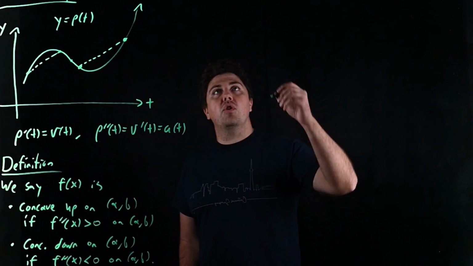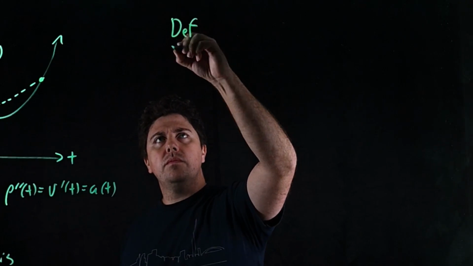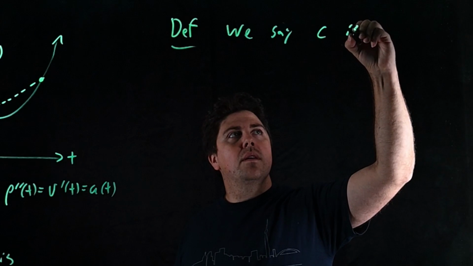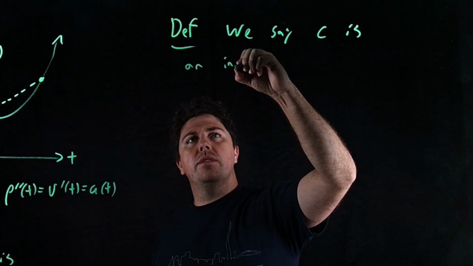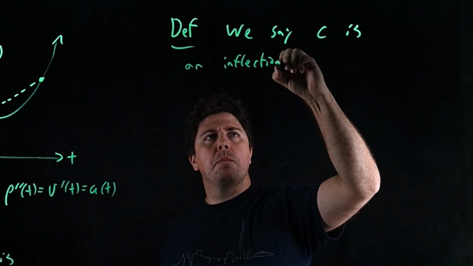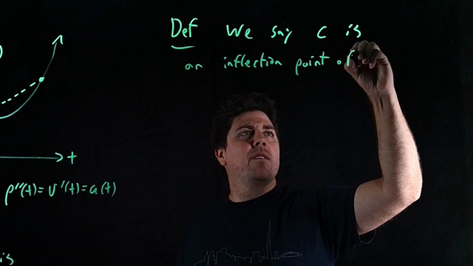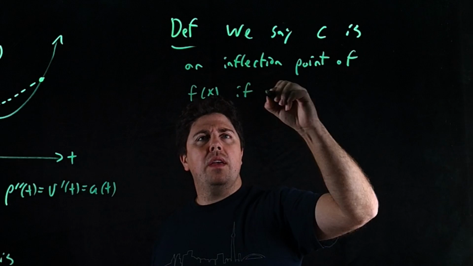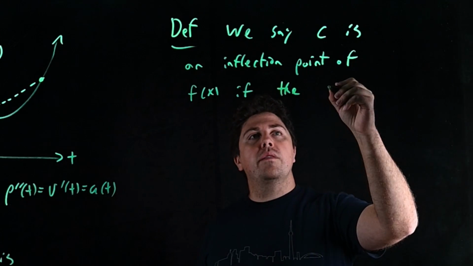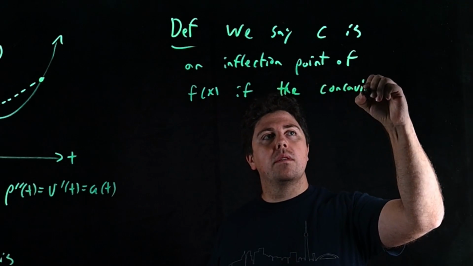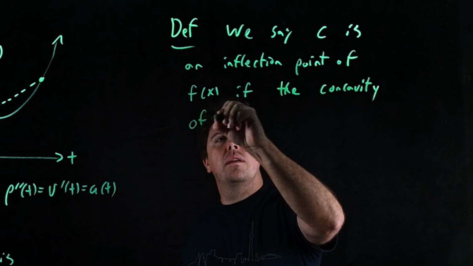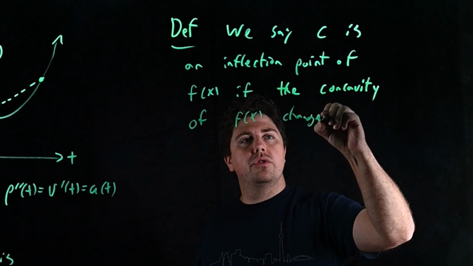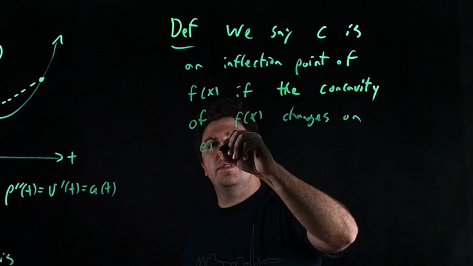And finally, just a quick definition. We say c is an inflection point of f if the concavity of f changes on either side of c.